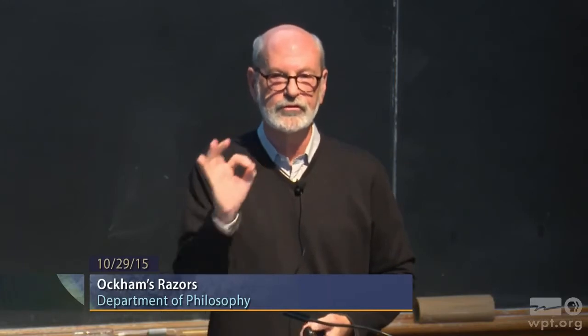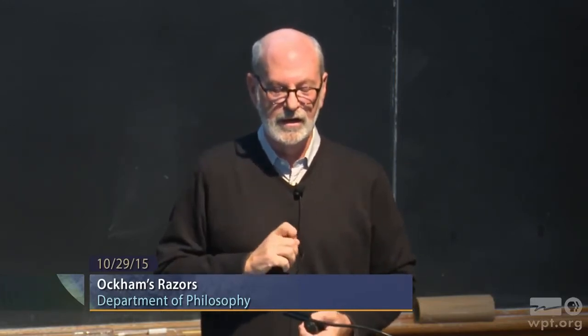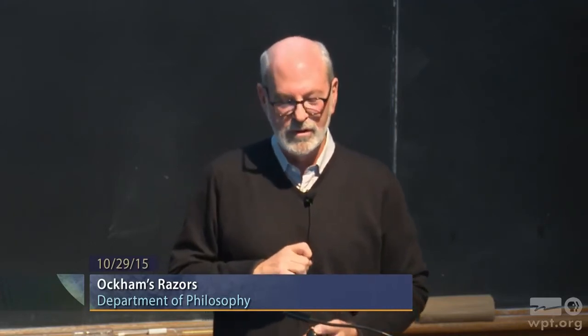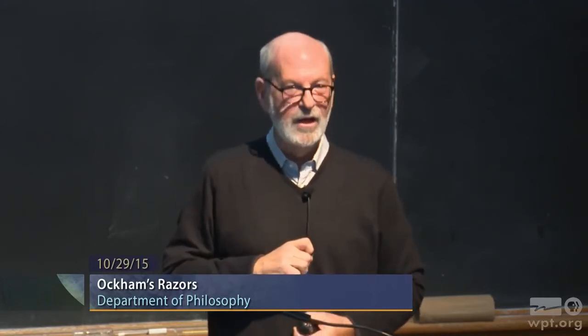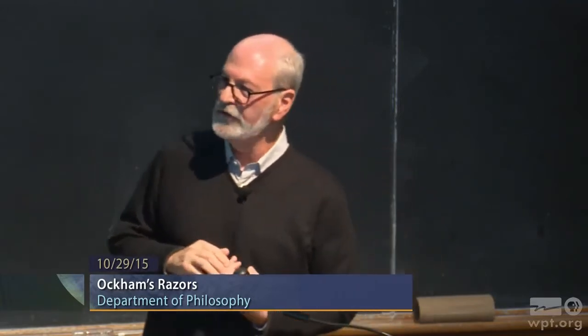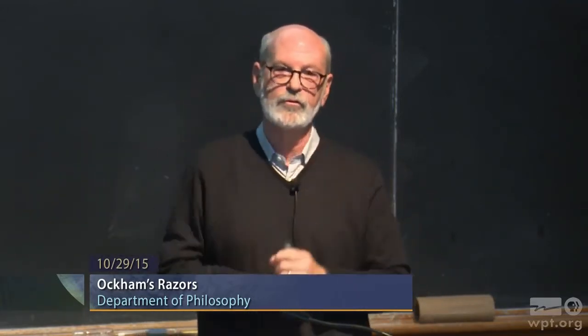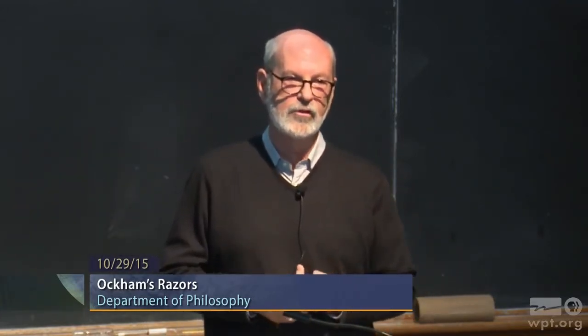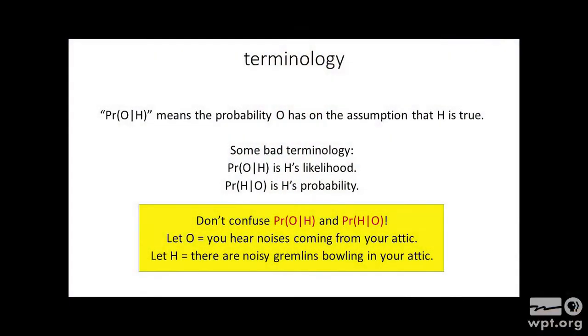So just to crystallize that distinction, and maybe this will be the only thing you'll remember in an hour or two, I hope not, here's a simple way to keep the difference between the probability of O given H and the probability of H given O really clear in your mind. Here's the example. Let O be the observation that there are noises coming from your attic, and let H be the hypothesis that there are noisy gremlins bowling in your attic.